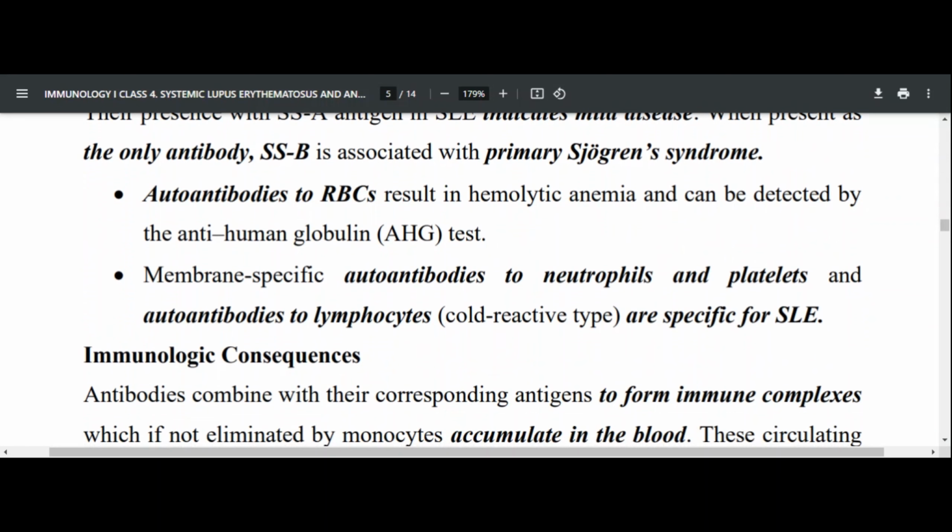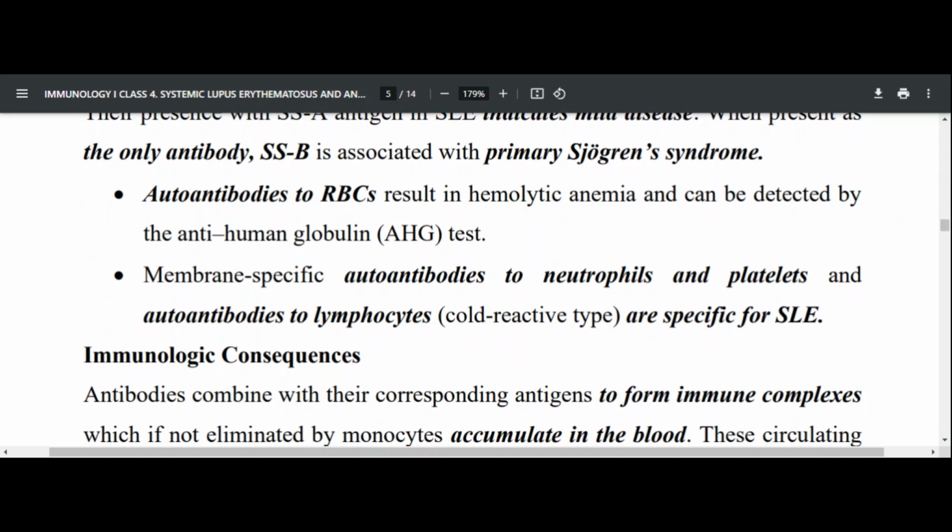Those anti-human globulin tests can detect antibodies that have coated RBC. Also, there are membrane-specific autoantibodies against neutrophils and platelets, and also autoantibodies against lymphocytes themselves, but they are called reactive antibodies.